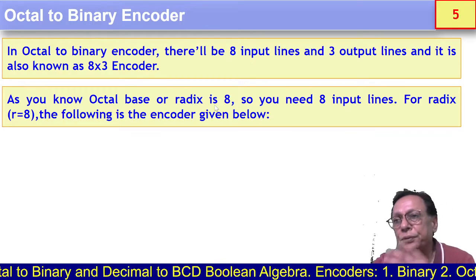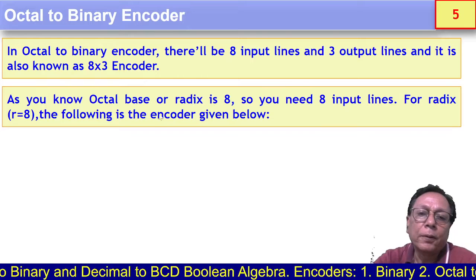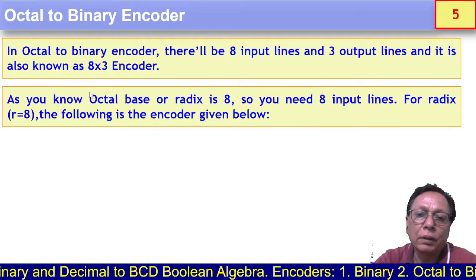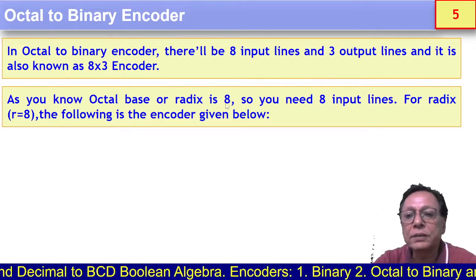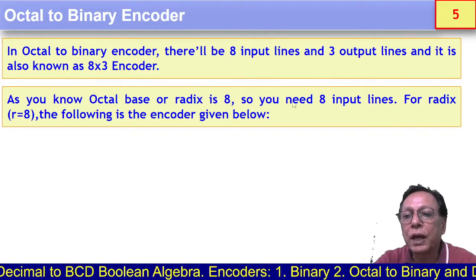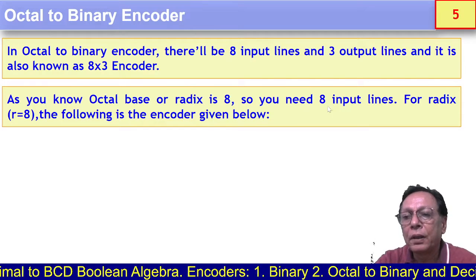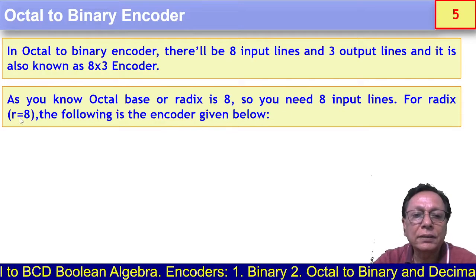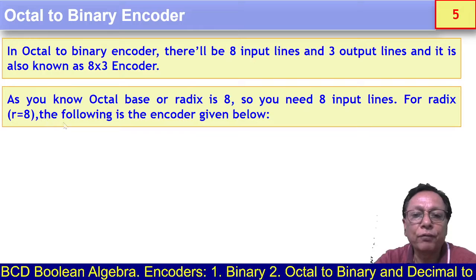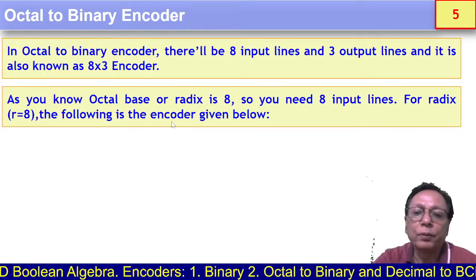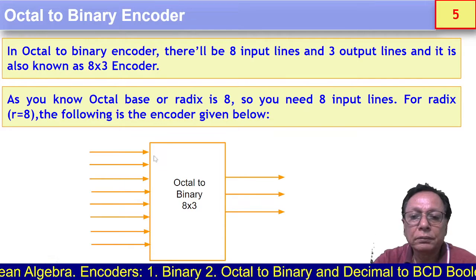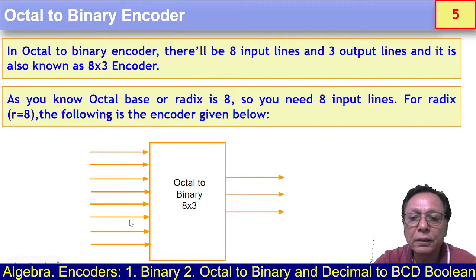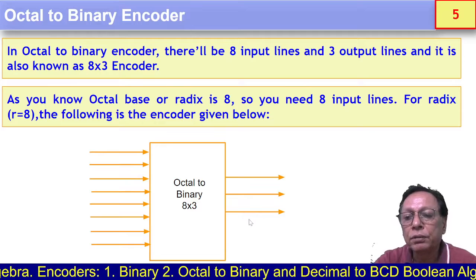So if you're going to create an octal to binary encoder, you'll have to consider the octal number system. In the octal number system, the radix is 8, so you need to have 8 input lines. So for radix 8, R is equal to 8, the following is the encoder given below.